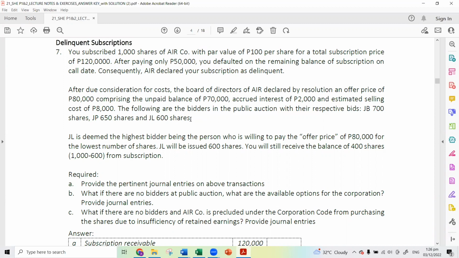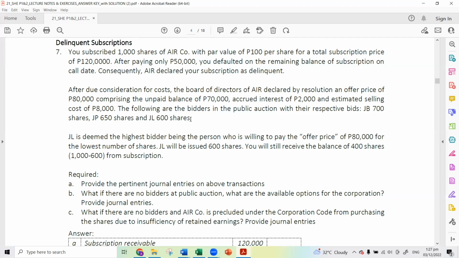Kailan mo sasabihin, sir, na delinquent na ang account? Yung subscriber ay madedeclare yan na delinquent. After 30 days but not exceeding 60 days from the date the shares are declared delinquent, the delinquent shares are sold at a public auction to the highest bidder. Okay? So, ulitin natin. Siyempre, delinquent ka kapag hindi ka nagbayad.